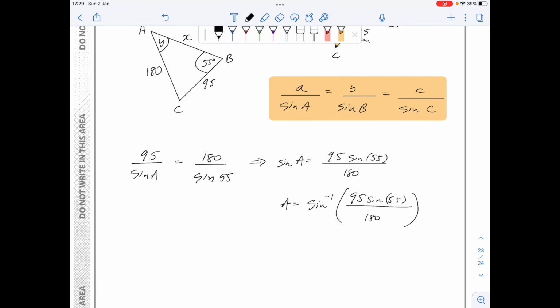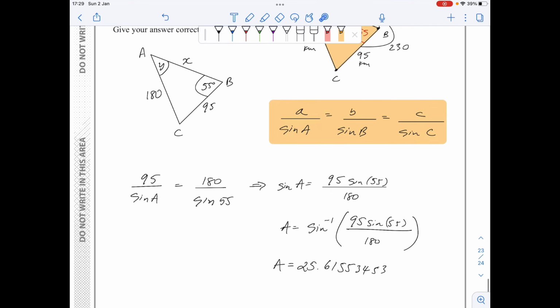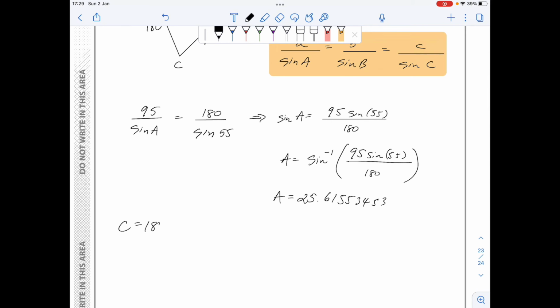And if I use my calculator, I will get 25.61553453. Now, angle C, this angle here, is equal to 180 minus 55 and this angle I just found. So C comes out to be 99.384465547.